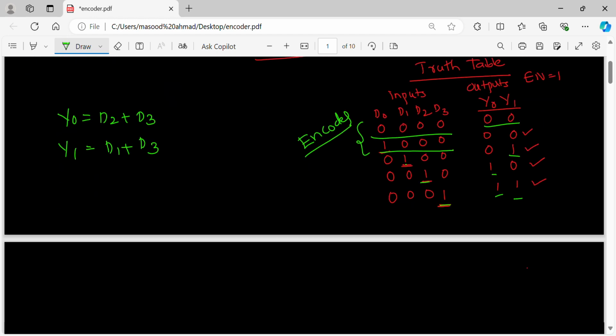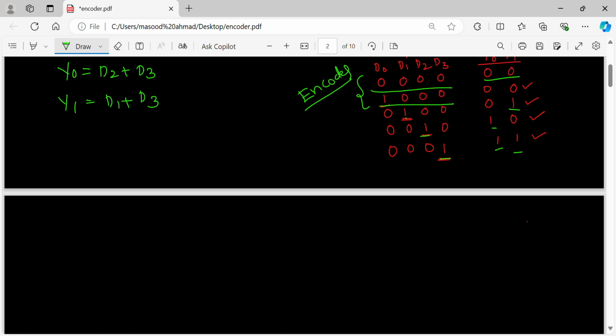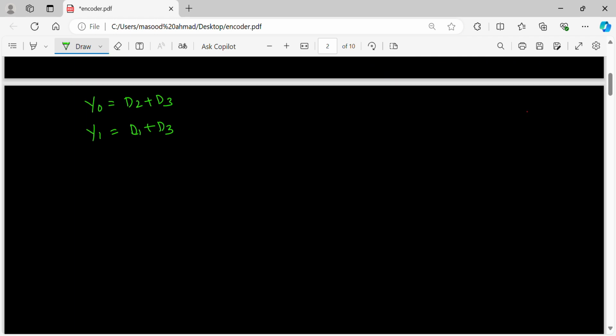Now I can design a circuit. So how to design a circuit? From these couple of expressions, I'll copy them here: Y0 is D2 plus D3, Y1 is D1 plus D3. From these expressions, the inputs are D0, D1, D2, D3. When enable is 1, it is going to work, of course.